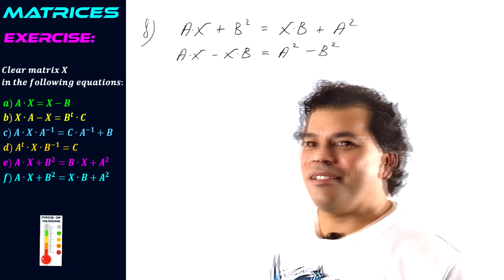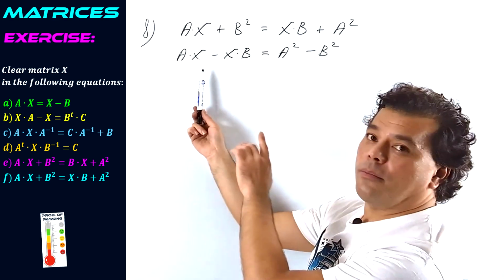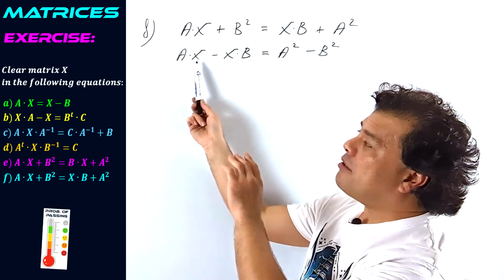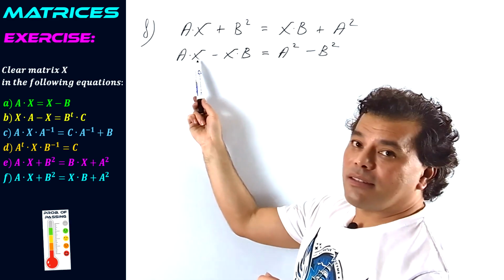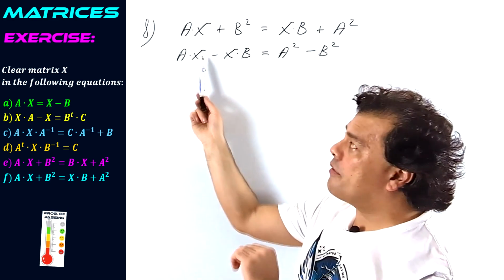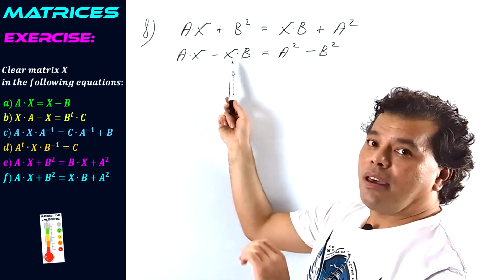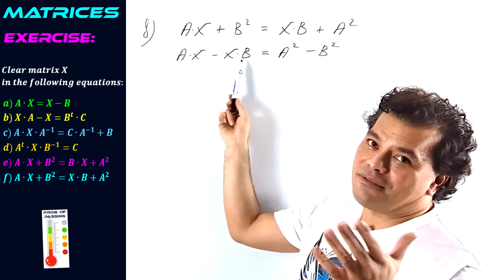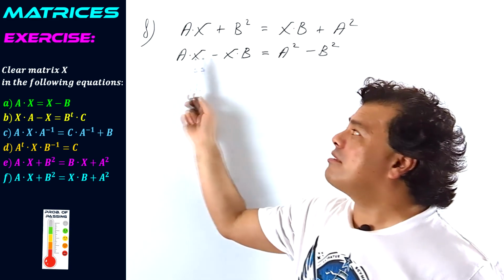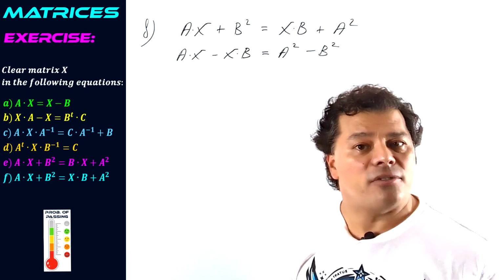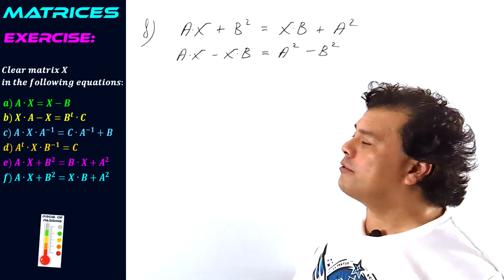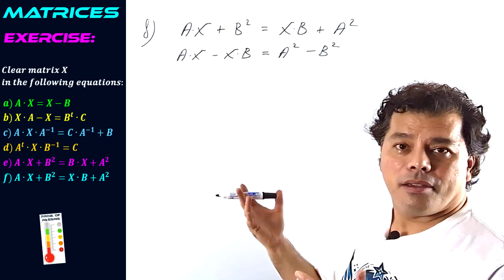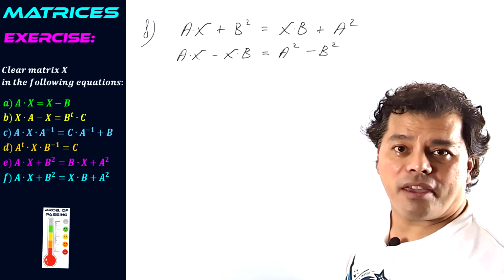Now it's time to consider where we are going to take X as common factor. But you can see that matrix X is here at the right side of the term, and here it is at the left side of the term. So I'm afraid that on this occasion we cannot take matrix X as common factor neither to the left nor to the right. So what are we going to do on this occasion?